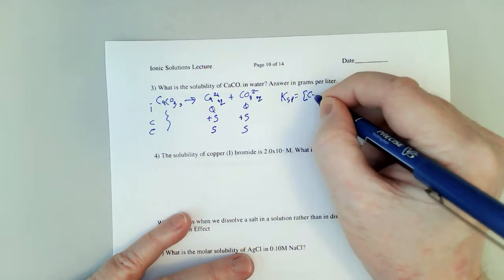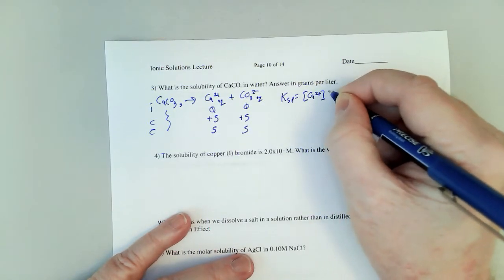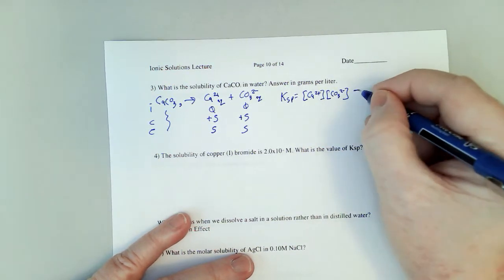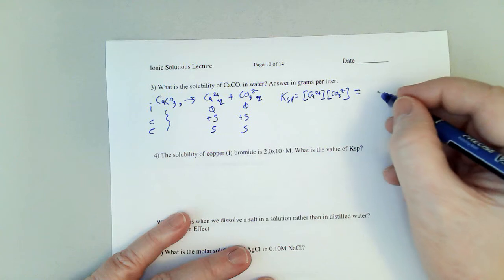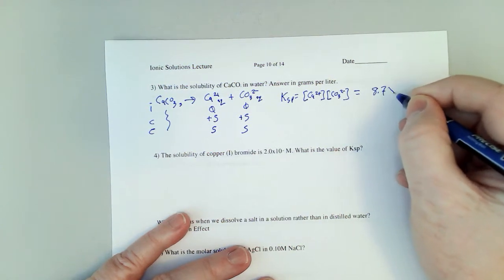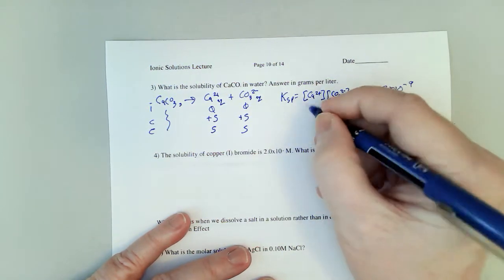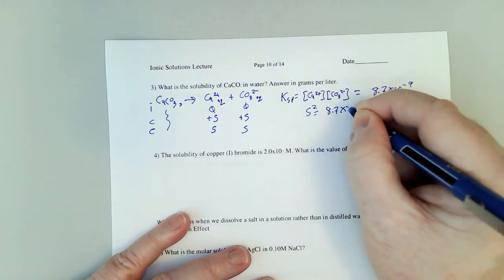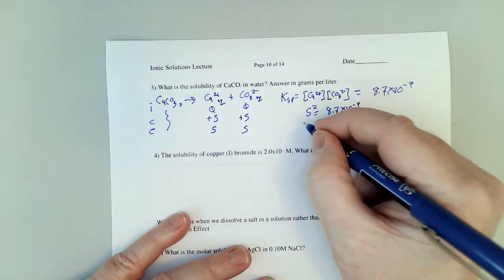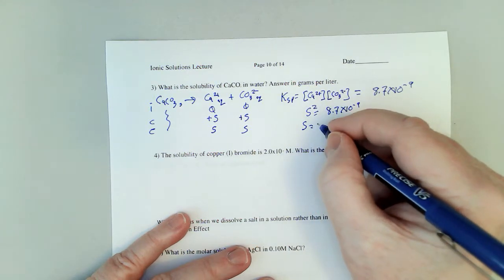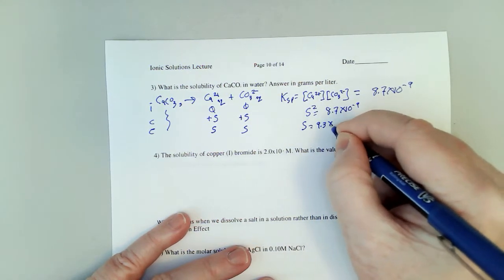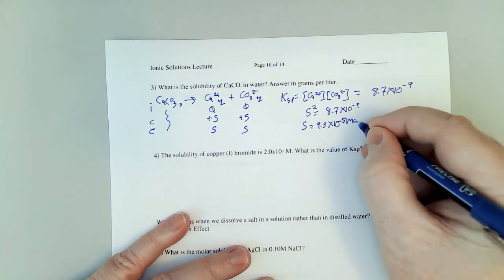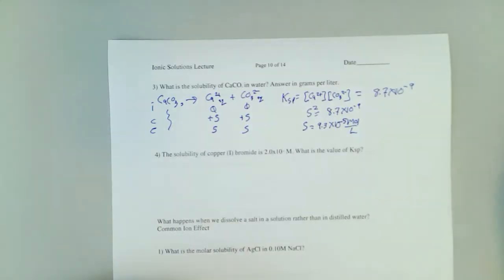Ksp equals the concentration of Ca2 plus times CO3 2 minus. I looked that up. I got 8.7 times 10 to the minus 9th. So S squared equals 8.7 times 10 to the minus 9th, or S equals 9.3 times 10 to the negative 5th, and that's in moles per liter.